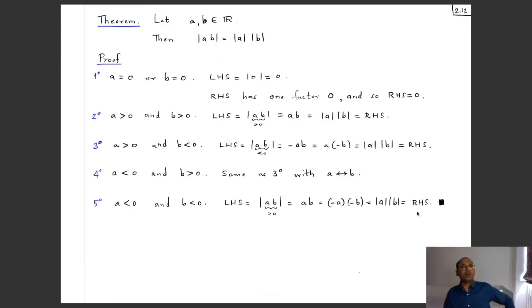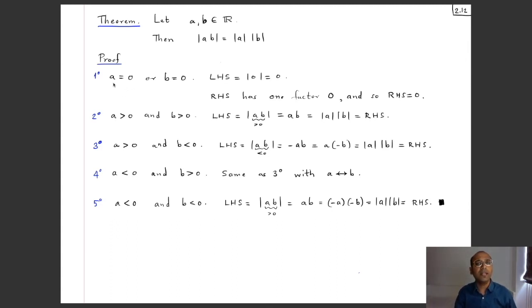Okay, so now I want to show another sort of mundane kind of fact, namely that when you have any two real numbers, then the absolute value of their product is the product of the absolute values. And again, this is a sort of painful verification, but let's do it once and for all so that then we have seen the proof.